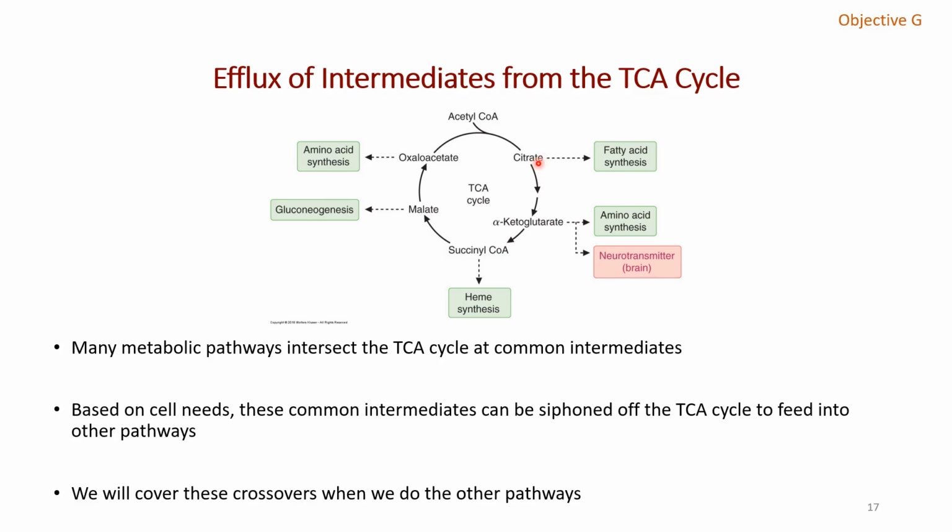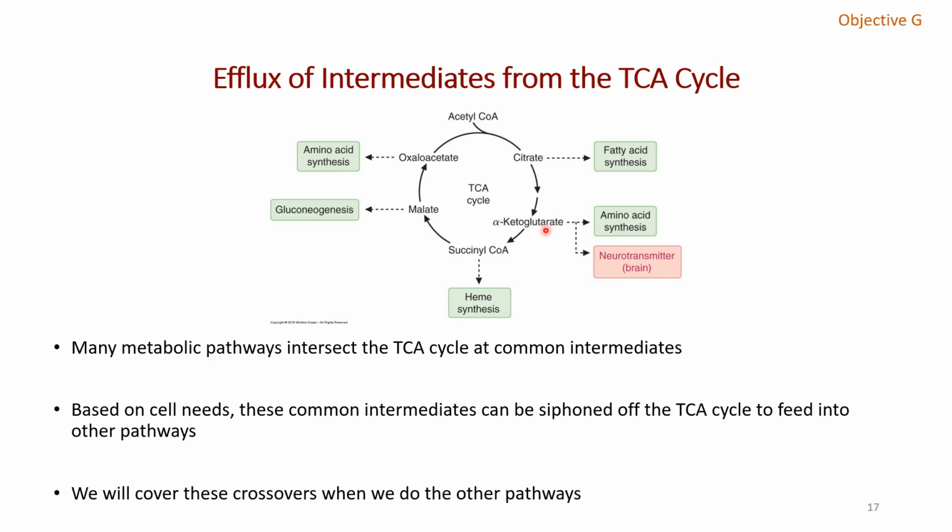But if the TCA cycle is not operating and you're not consuming citrate to isocitrate, that pool will still sit there, and some other enzyme can grab that citrate and say, why don't you come over here? I need you for my reaction. And you can turn it into a fatty acid, or you can turn it into a cholesterol molecule.